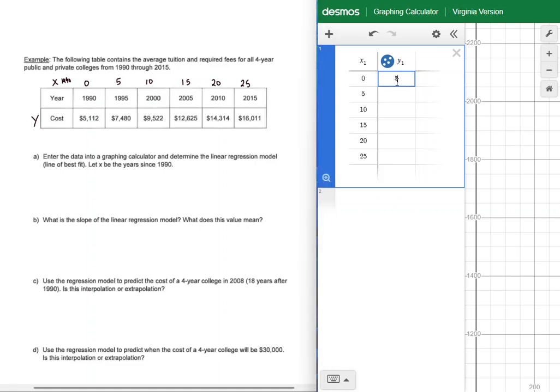Another thing with Desmos, do not put commas, okay? Just put the numbers, because if you put a comma or even the dollar sign, it's going to give you an error message, okay? $12, $6.25.